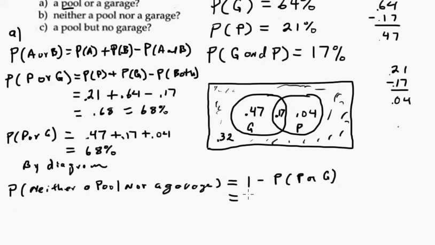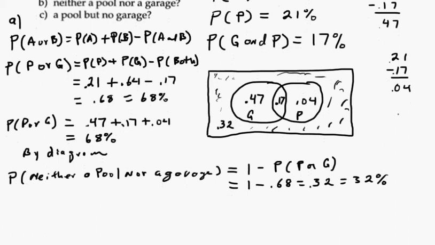So it's 1 minus 0.68. So that's going to be 0.32, which is 32%. Or you could just say by the diagram it's 32% because you've already done the work. Okay, that was B.